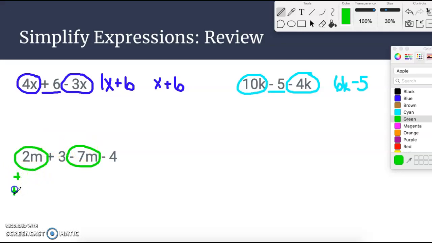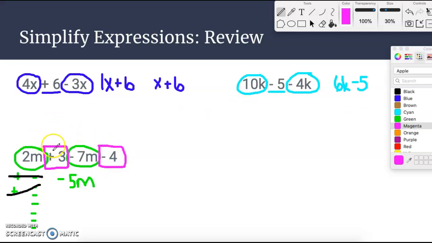So if I have 2 positives and 7 negatives, then I know that my opposites combine to equal 0, so I can cancel out 2 pairs, which leaves me with 5 negatives, or negative 5m. And then I look at my constants. This time I have a positive 3 and a negative 4. Again, 3 minus 4 might be a little bit trickier for some of us.